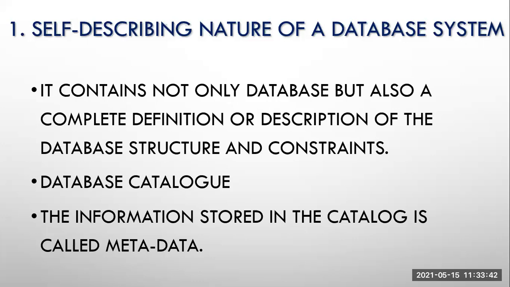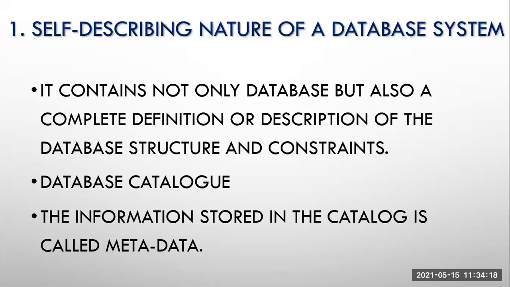And one more point I'll tell you. You may still not fully understand what this database is. I'm sure once we start creating the database practically, you will realize it. I've just given a basic example. Sai Prakash has created roll number, marks 1, marks 3, including total marks. And Maitri has created only roll number, name, total, percentage. Now this is the self-describing nature of the database. Not only the database, but a complete definition and description. When you write a C program, you will not say only roll number; you will give a data type.